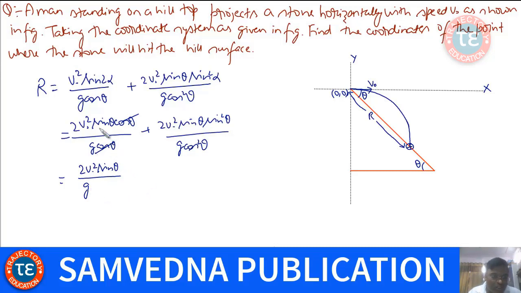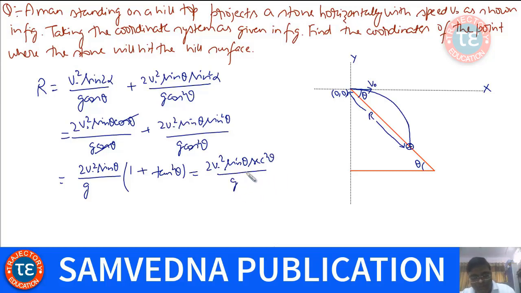So 2 v0 square sin theta by g, this is the first term, and then you have what here, tan square theta, which is equal to 2 v0 square sin theta sec square theta by g. Okay, this is going to be the range, and once you got this, you can get the coordinate also.